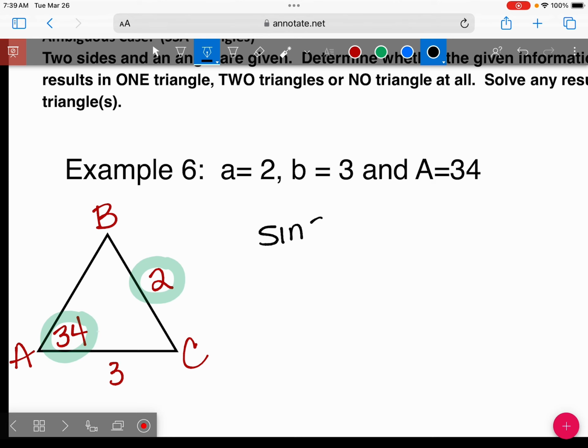Okay, so we have the sine of 34 over 2 equals the sine of B over 3.